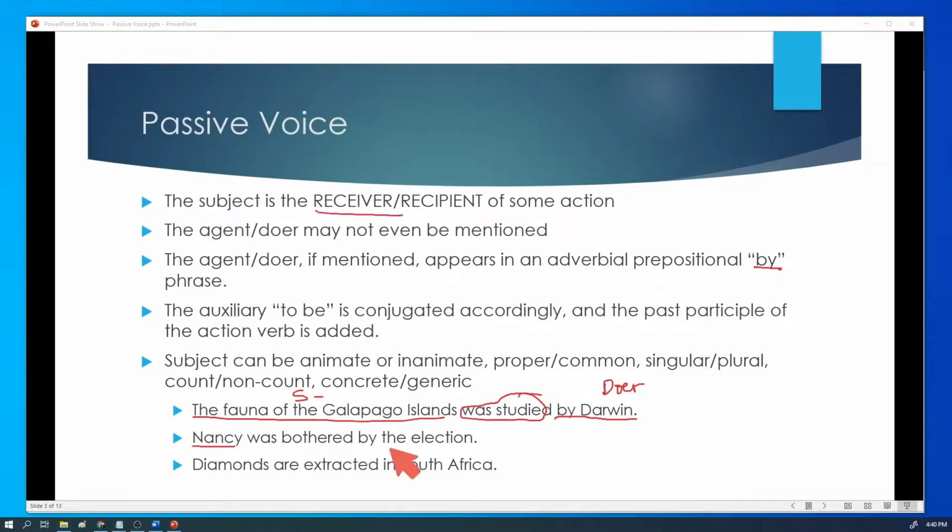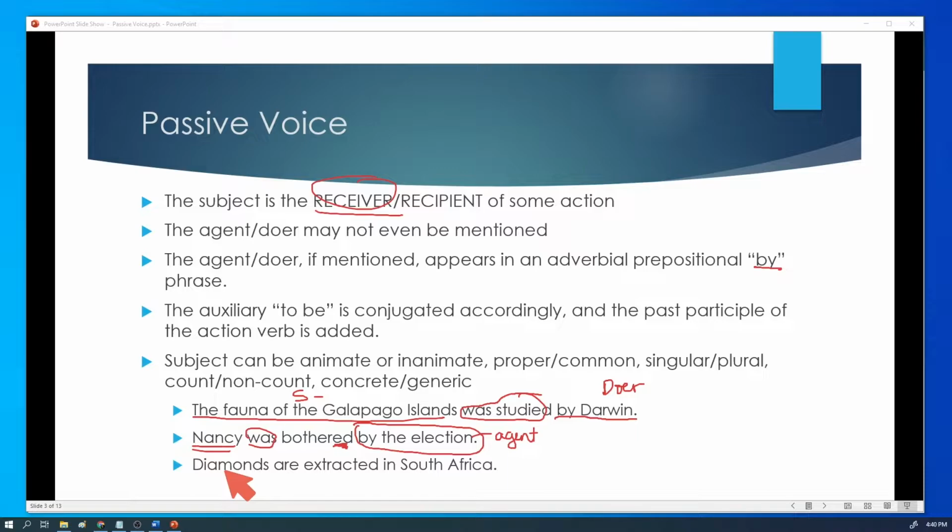Nancy was bothered by the election. So in this case, we have simple past was, plus the past participle ed, and we have the prepositional phrase that begins with by. So the election is the agent or the doer, and Nancy is the receiver.